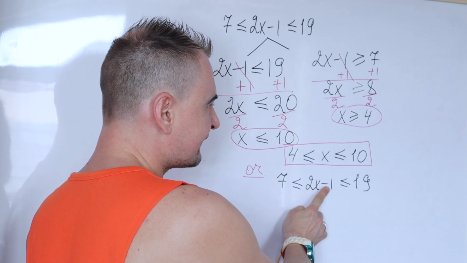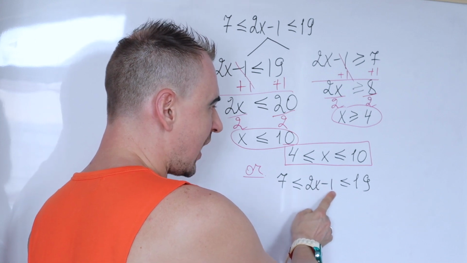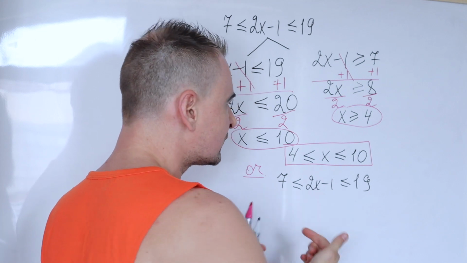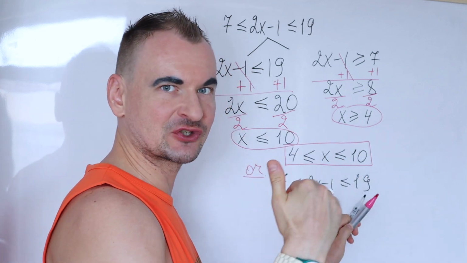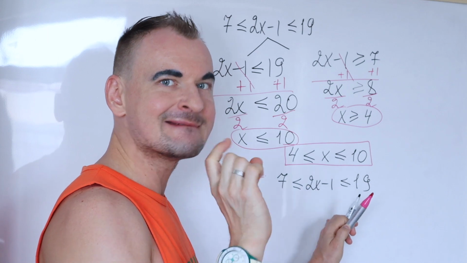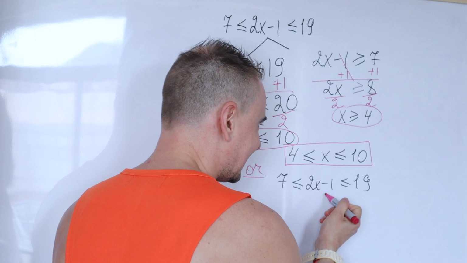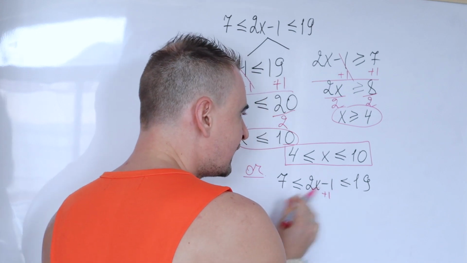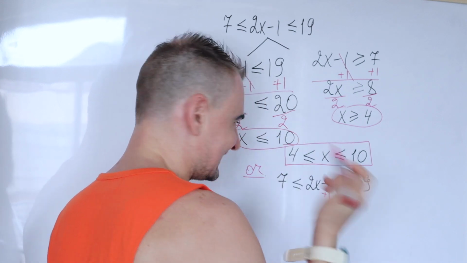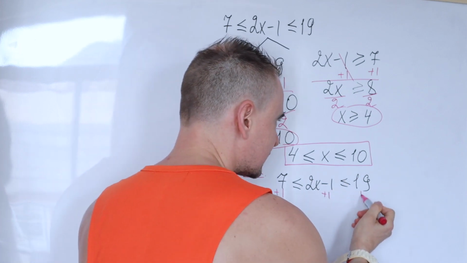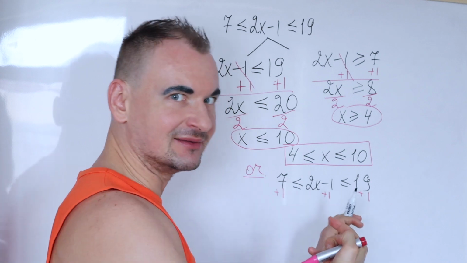Since we have this negative one, this one subtracted off, we want to untangle, so we want to implement the inverse operation. So we want to add 1 to these three sides. You want to add 1 to the left, to the right, and to the middle.